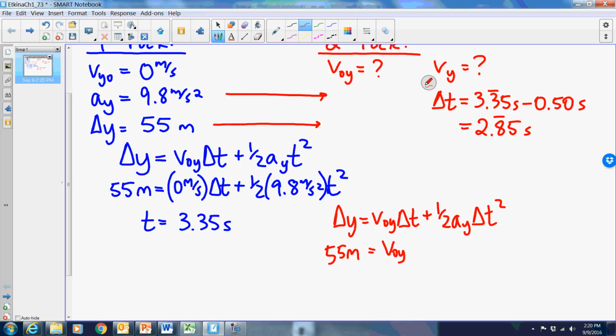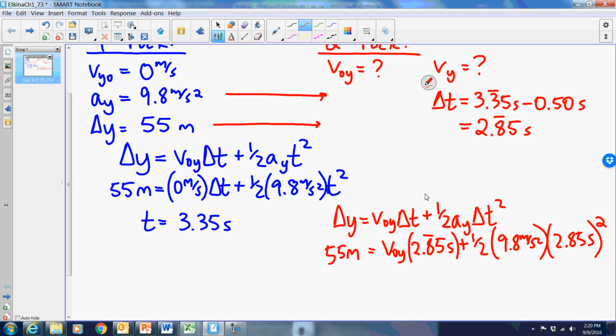This time I'm leaving the initial velocity as a variable here. Don't forget the squared with the time.